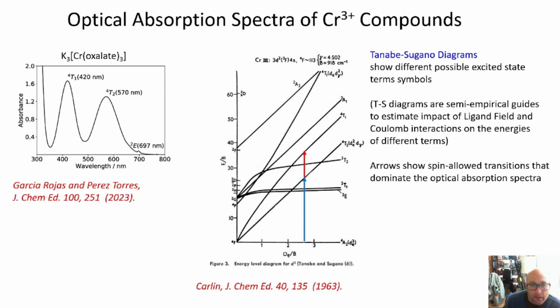So Tanabe-Sugano diagrams, I guess, are an inorganic chemistry topic, and it's fairly easy to learn how to use them. I'm not really trying to give a tutorial on them right now. I'm just pointing out the way you hunt for spin-allowed transitions inside these things. But they are a very important tool for analyzing real data.